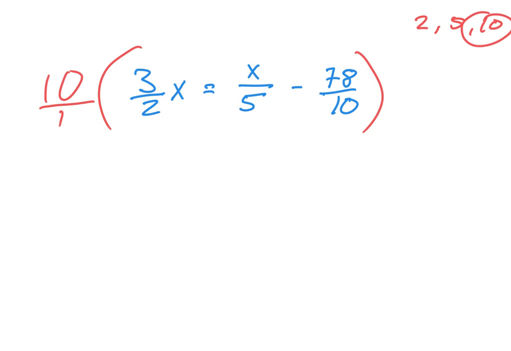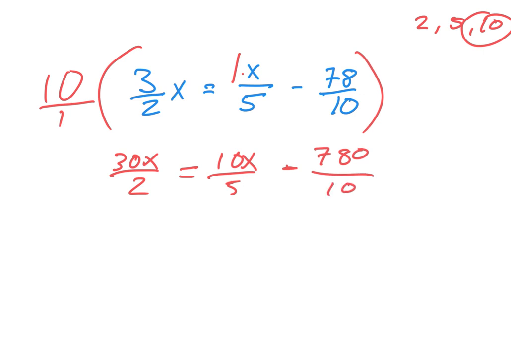As a fraction, it's 10 over 1, so that would be 30x over 2 equals 10x over 5. Again, because there's a 1 right there, 1 times 10, minus 780 over 10. All right, so what do we end up with?